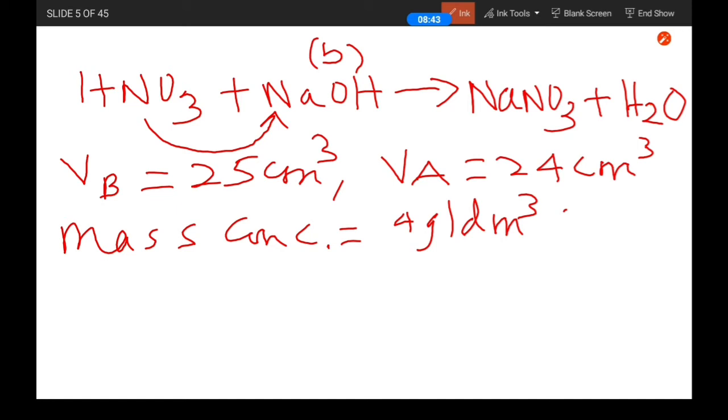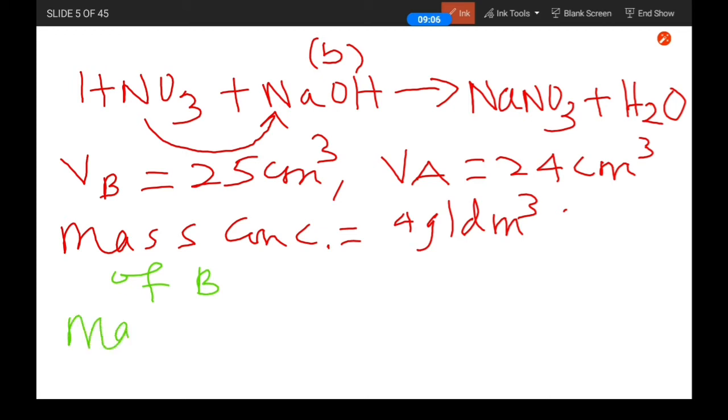Now the question says, find the mass concentration of B in moles per dm cube. That's the first question, the molar concentration. So this is the mass conc of B. Now there's a formula we are going to use here, and you have to know this formula.